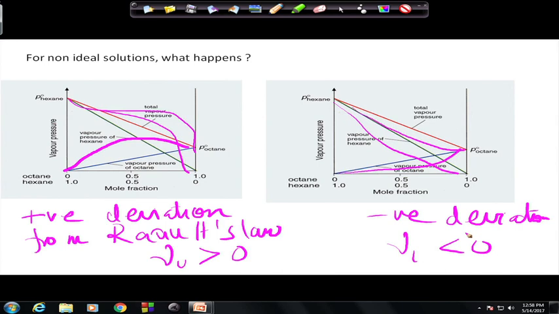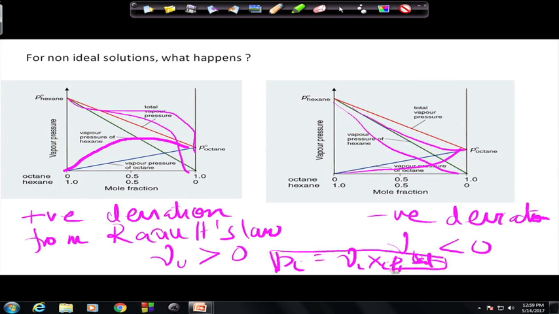So, what are the things which happen when a solution does not behave ideally? There are two things. First, we find that there is either positive deviation or negative deviation from Raoult's law. In this particular case, the linearity is not followed, and this is modified by introducing a gamma I here, where we can write P I equals gamma I x I P I saturated.